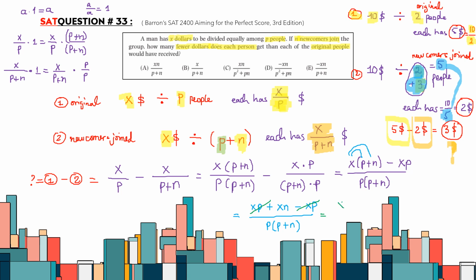We have X times N over P times P plus N.